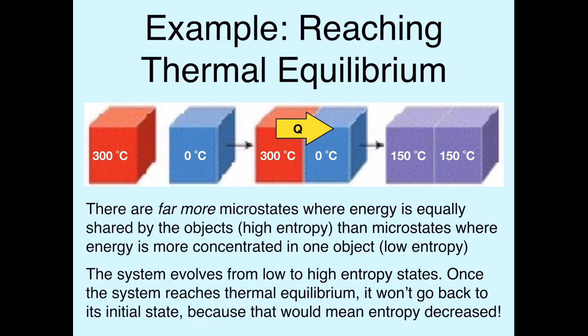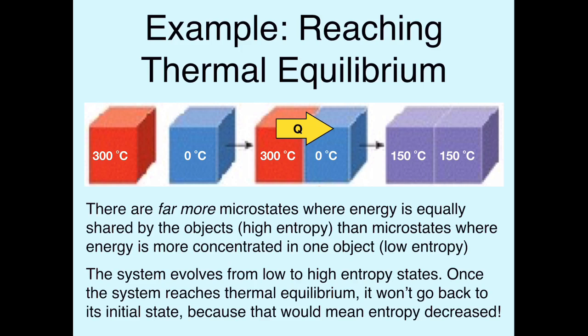The reason for that is that there are far more microstates where the energy is evenly shared between the two blocks. Remember, if the temperature is equal, that means on average, the energy of the molecules in this block is the same as the average energy in this block. So the energy is evenly shared in some sense between the two blocks. Originally, energy is being hogged by the hot block; it's more concentrated over here, less spread out.